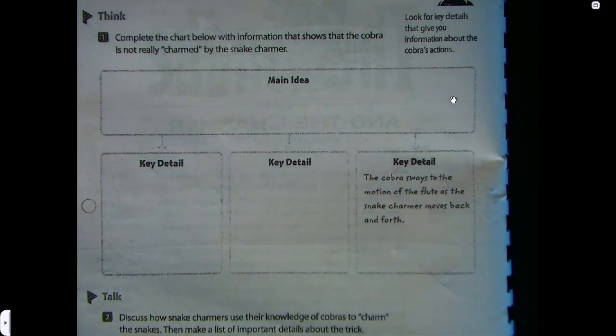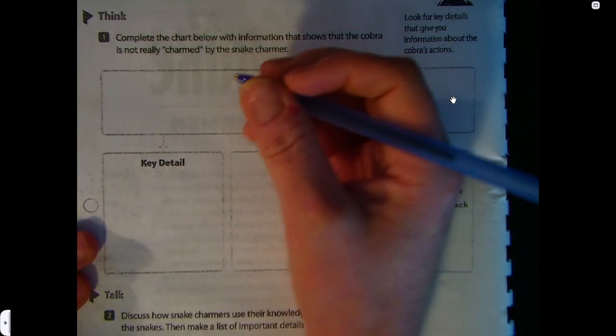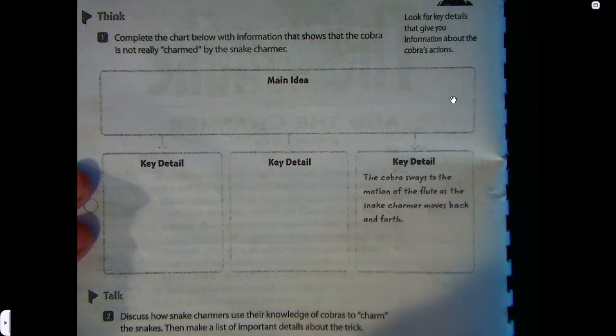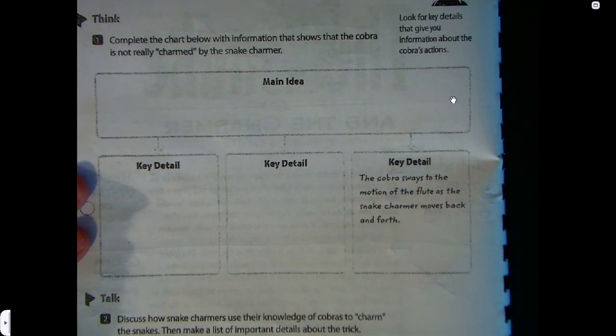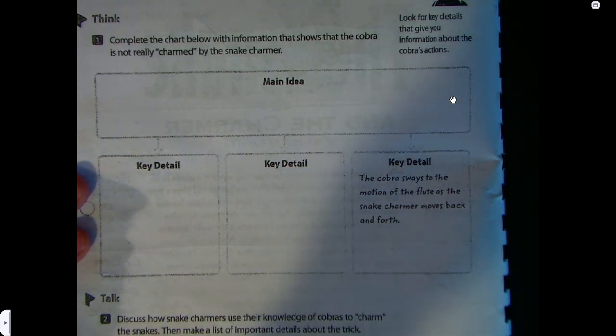So the main idea, what is this about? I think it's about snake charming. That's a topic, right? If I'm like, snake charming, is that a main idea? No, it's a topic, y'all. Remember, a main idea is an idea. It's a complete sentence. What about snake charming? Well, I think it's about how snake charming is not actually hypnotizing snakes with music. Something like that, right?